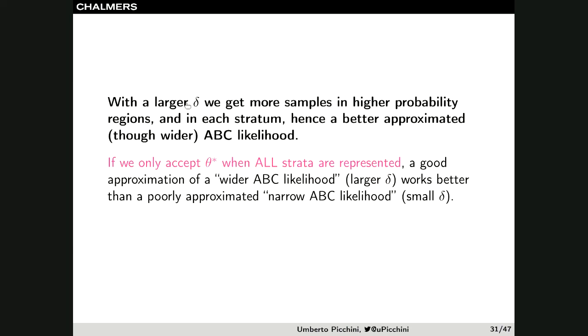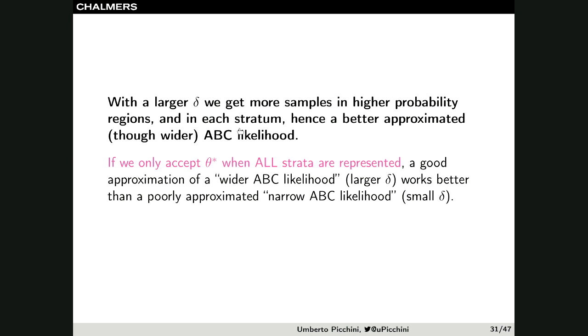But if you have a larger delta, we can have more samples in higher probability regions. And using stratification, we can obtain a better approximated likelihood, but a wider ABC likelihood. So this is a bit of a trade-off. Shall I use a small delta, but that gives me a very variable ABC likelihood, or can I instead use stratification and resampling to accurately approximate a wider ABC likelihood?